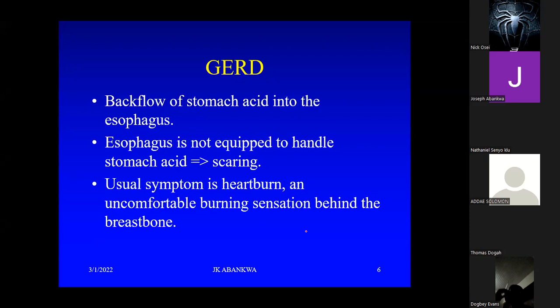And so when the acid flows into the esophagus, the acid content destroys the esophagus, and that is termed scarring. So the esophagus is not equipped to handle the harsh conditions of the stomach acid, and therefore can lead to scarring. It can also lead to a burning sensation behind the breastbone. Okay.